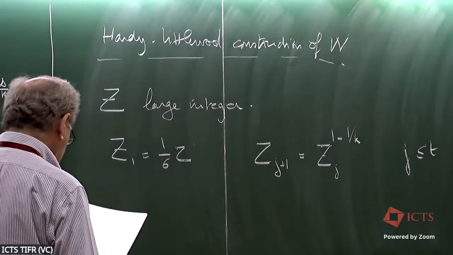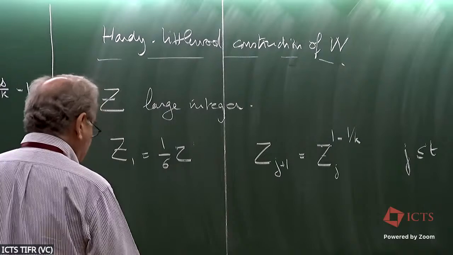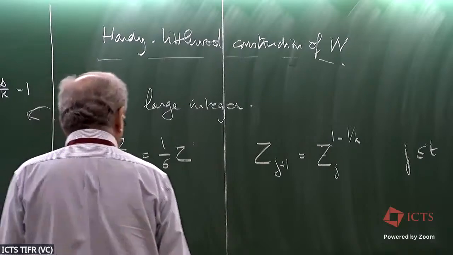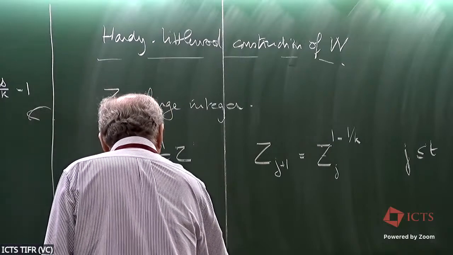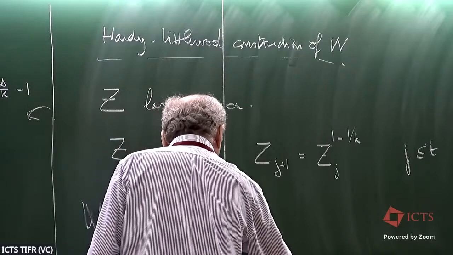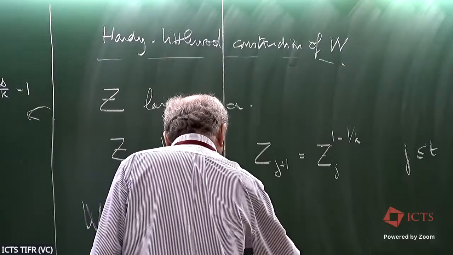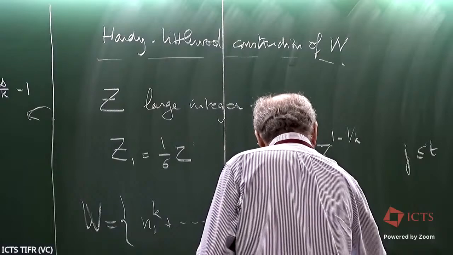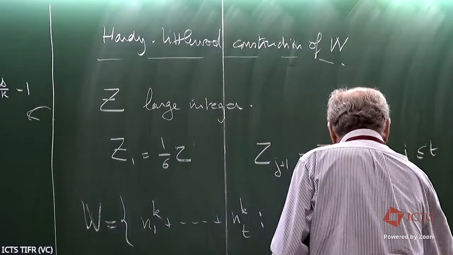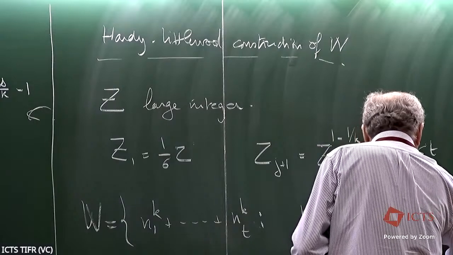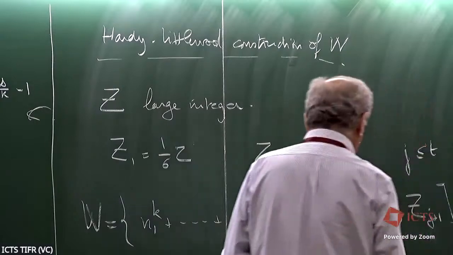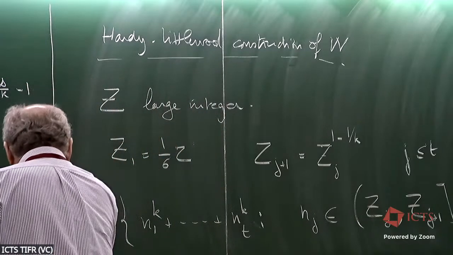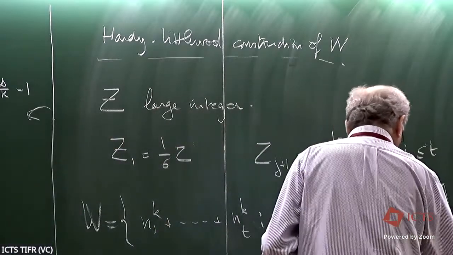And then what you are looking at is the representation, let us say W, is a set of numbers which has N1 to the K plus blah, blah, blah, plus NT to the K, with the following that Nj belongs to Zj plus 1. No, 2Zj. This would be too large. Of course, you lose everything if you're doing that.